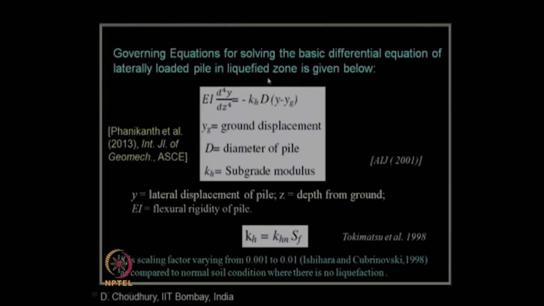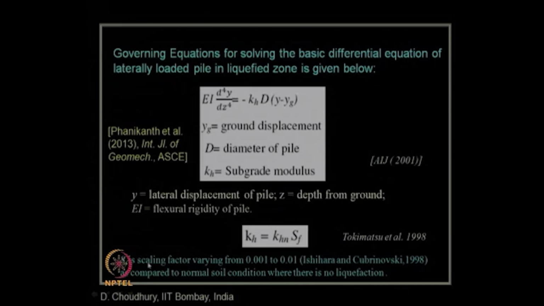And how to consider this kh value, that is another important criterion under seismic loading or this liquefiable zone condition. Under static loading condition, this kh value or subgrade modulus value we can get from the codal recommendations, but this subgrade modulus also drastically reduces or changes under earthquake condition and even in the liquefiable condition, as given by Tokimatsu et al. in 1998, that this subgrade modulus changes to kHn with a scaling factor or the reduction factor due to this liquefiable condition, which is proposed by Ishihara and Cubrinovski in 1998.